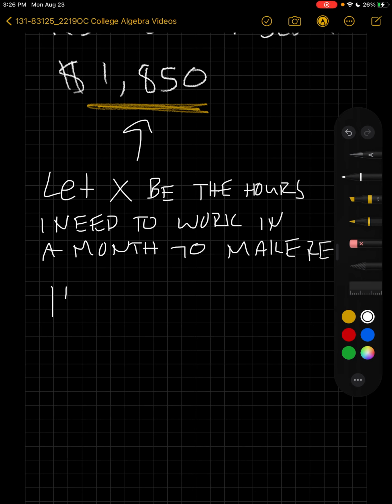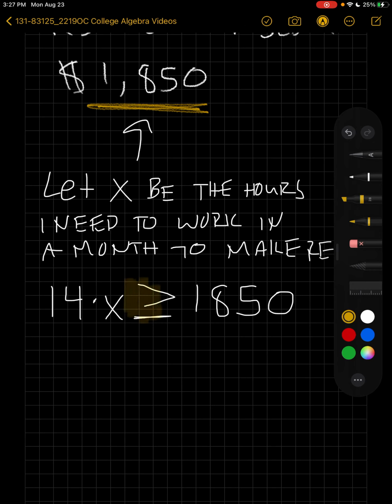So here's what we do. If I take 14 times x, what I need that to be is at least 1850. That's what this mathematical symbol here means. It means greater than or equal to. You might have seen this before.